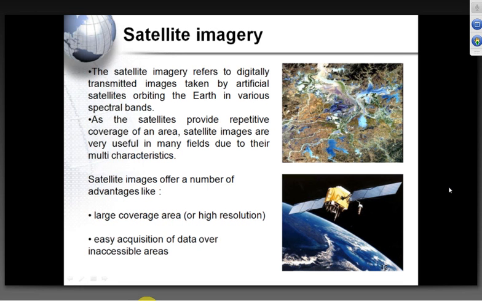Because once the satellites are placed in their orbit, they continuously revolve around the Earth, so we get a repetitive coverage of a particular area. So we can get images of the same area at different times, which is useful for change detection.